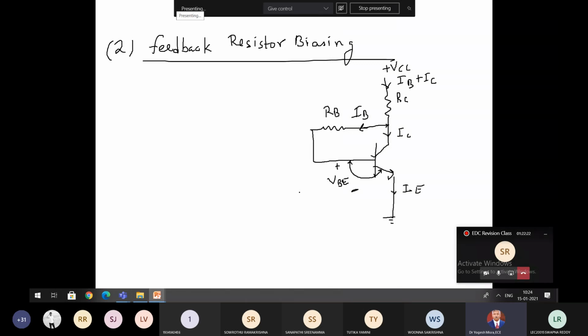So now what we will do, we'll apply KVL in the base emitter loop.